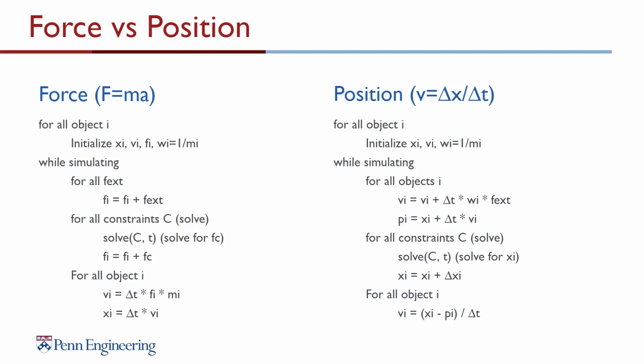And for accurate force calculation, of course, the force-based physics and dynamics is more accurate, but this position-based physics engine is more stable because you calculate the position right away instead of integrating the force.